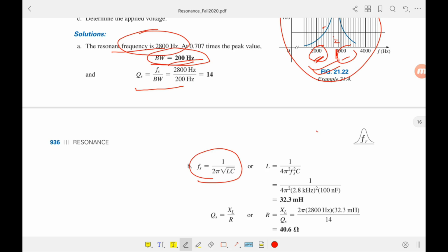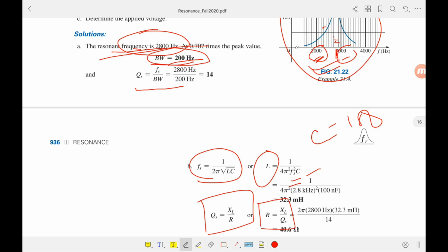Here C is given as 100 nanofarad, and you have determined the value of Fs in question A. So Fs is given, C is given, and you can calculate the value of L. And again, you know that Qs equals XL over R. From this expression you can also calculate R equal to XL over Qs.